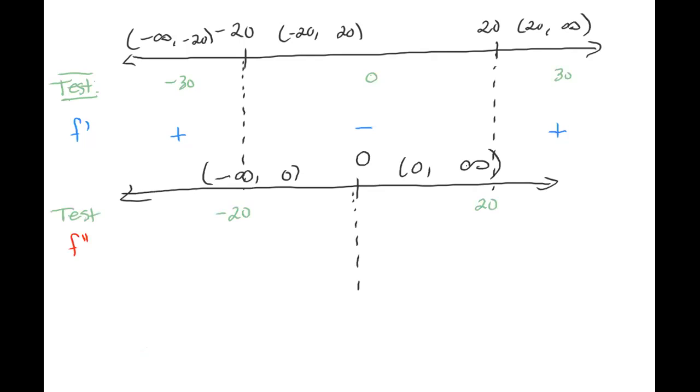So f prime prime of negative 20 is equal to 2 times negative 20, which is negative 40. I really care about it being positive or negative. It is negative in this interval, so that means the graph is concave down there.